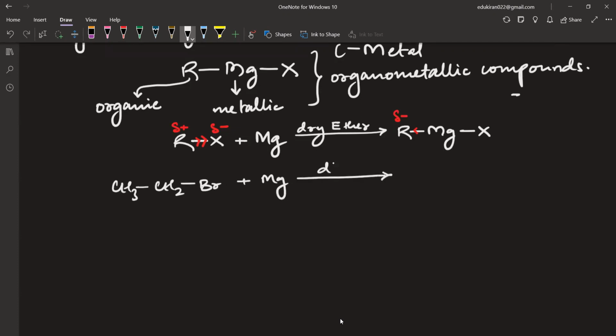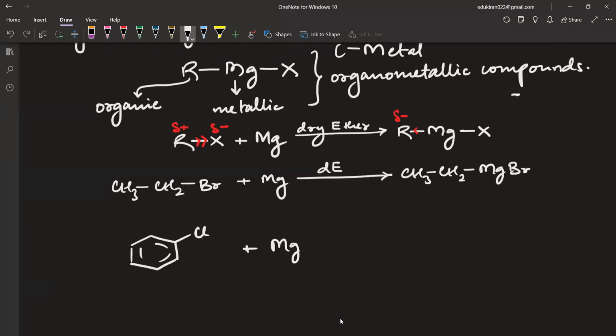I'll be writing DE for dry ether. You can also have something like chlorine, it doesn't always have to be bromine. Let me also write the name. So this will be ethyl magnesium bromide.